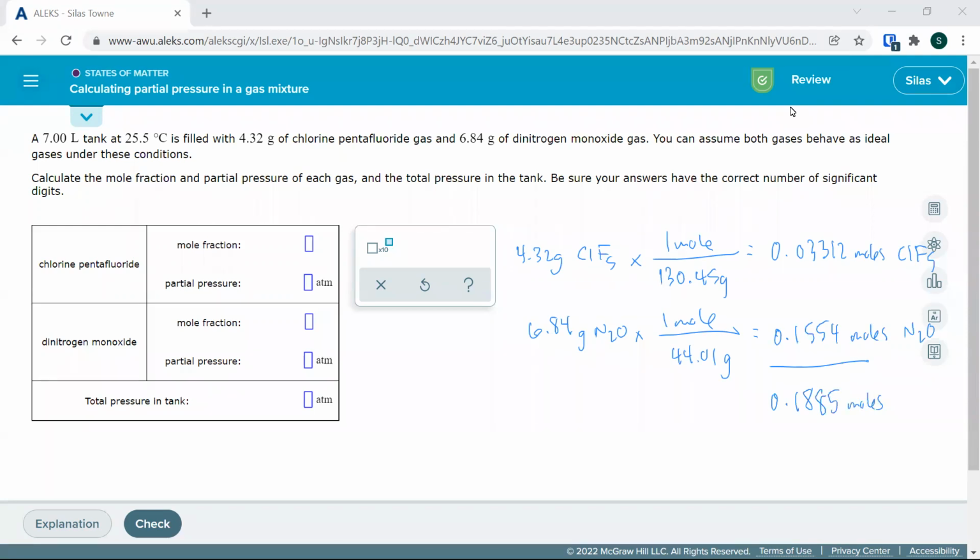And then if we divide each, we get the mole fraction. And it's not a percentage, so 0.03312 divided by 0.1885. For the ClF5, we get 0.1757. And for the N2O, we get 0.8244.